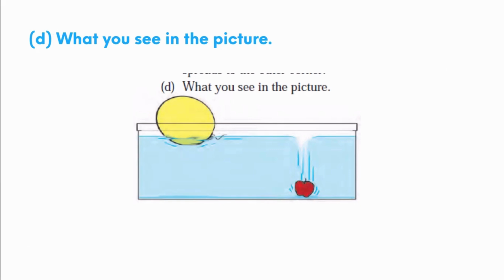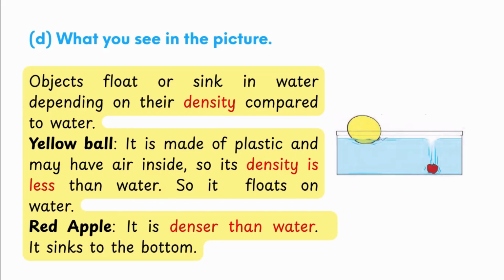Last question, what do you see in the picture? Objects float or sink in water depending on their density compared to water. In the picture we can see a yellow ball.